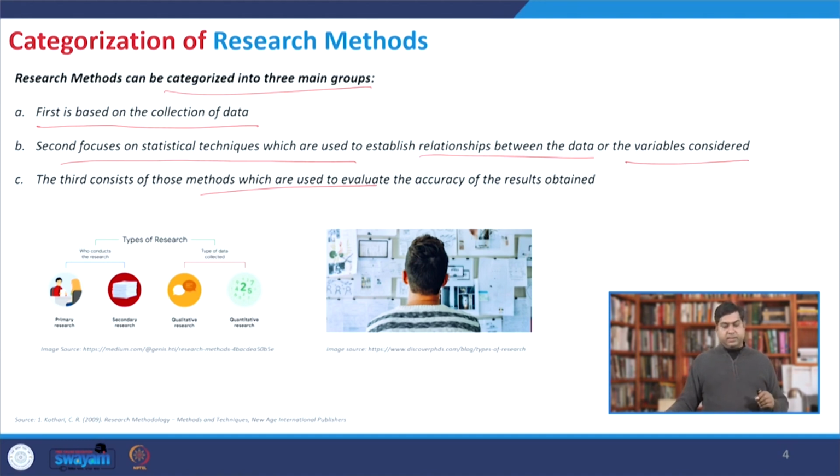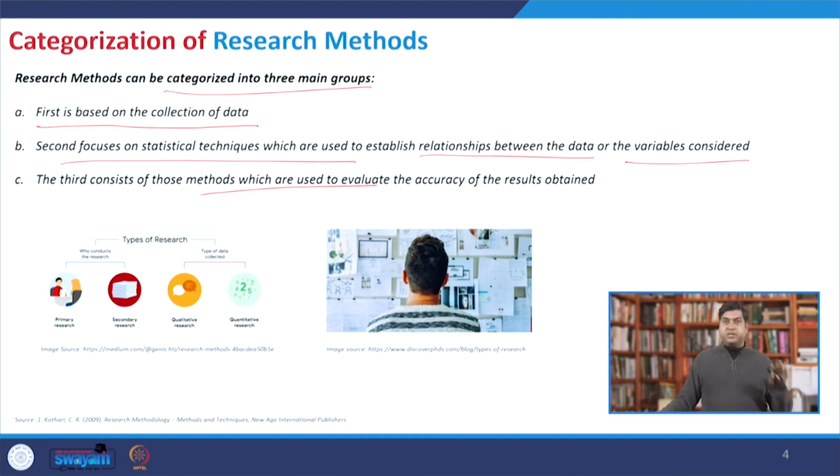So in such cases we also need certain kinds of tests. If you collect some information and analyze the data, it will give you some findings, but what is the authenticity, what is the acceptance of that particular finding?